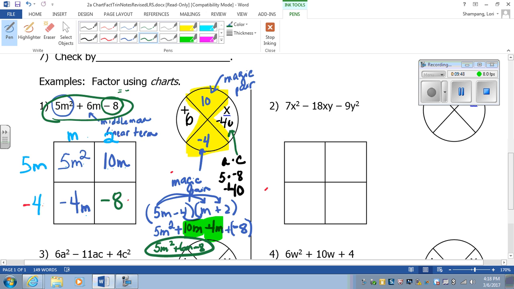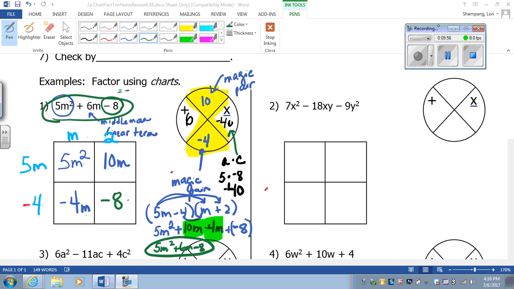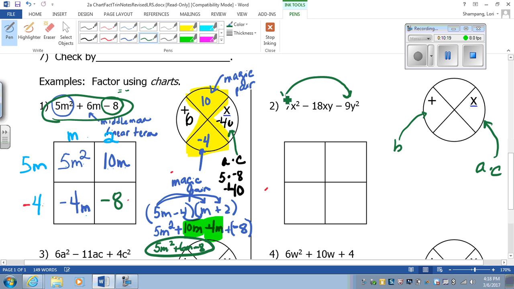Remember, in this sector of the circle, we're going to put the product of A times C, and then this is just going to be B, or our linear term. So in this example, A times C is 7 times negative 9, or negative 63. So we're going to put that right here. And then we're going to take our middle term, and our middle term is negative 18. It's really important to make sure that you scoop that sign up when you put it into this X.